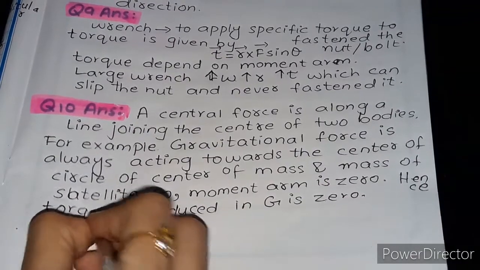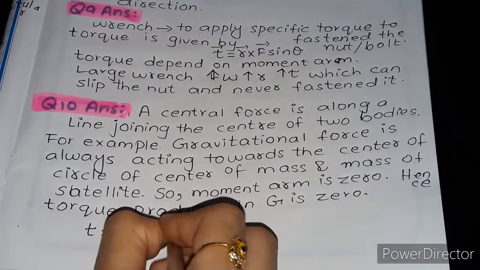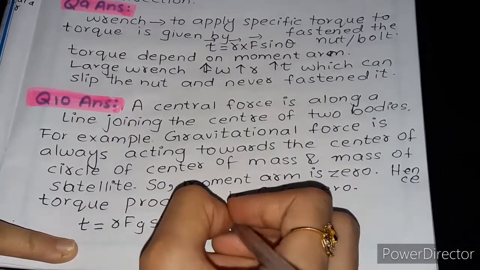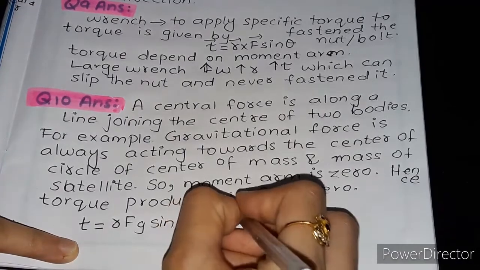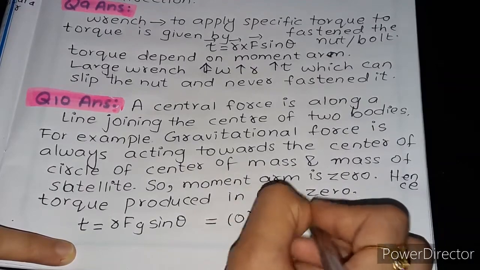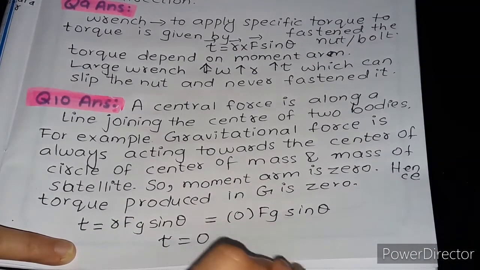So torque is equal to r F sine theta, if position vector is 0, moment arm is 0, so the whole equation would be 0. So torque is equal to 0.